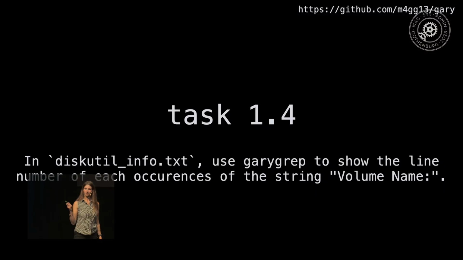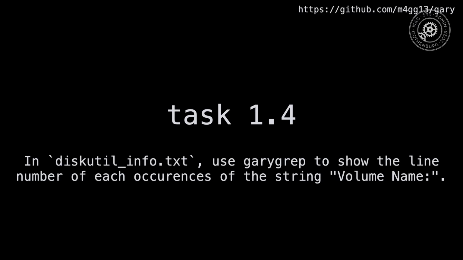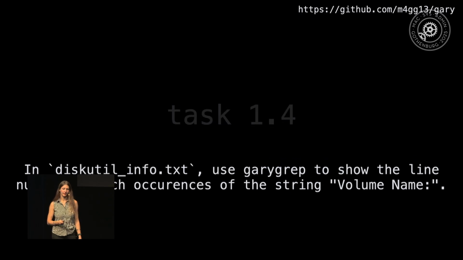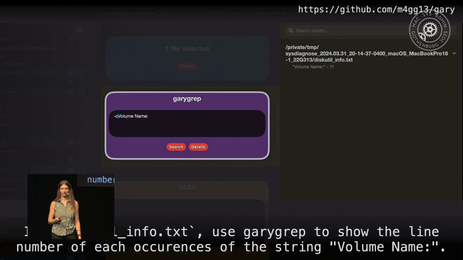So maybe we want to know how many lines are in the file that describe each of the different volumes. So a way we could do that would be by looking at the line numbers and telling the difference between them. So let's try doing that. And we'll use the long version of this flag.